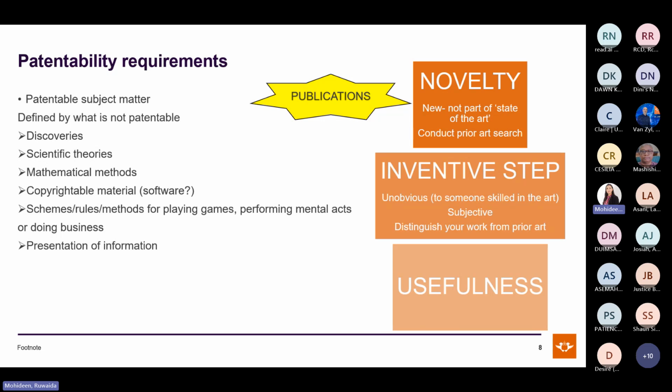So that's novelty, which is kind of black and white. It's either new or it's not new. The second requirement being inventive step. Inventive step is a bit trickier than novelty. Your work has to be unobvious or surprising. Someone that has a similar skill set to you looks at your work and goes, okay, wow, I didn't think of that.